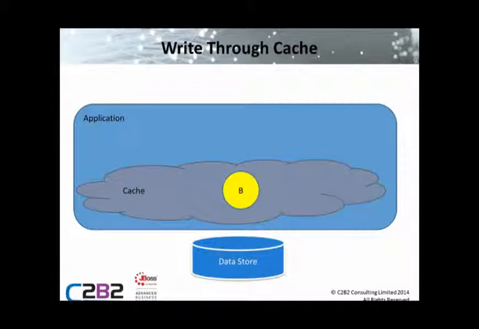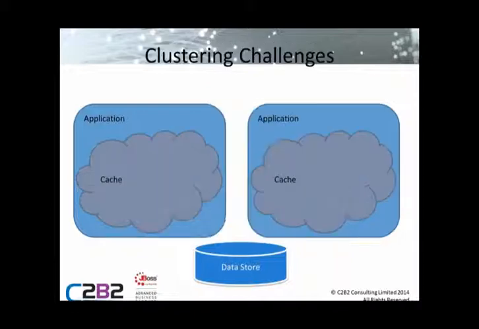JBoss Data Grid supports both JPA and Hibernate to write data through into a relational database, and it does that using something called a cache writer or cache store. The next time you get that data, it will be fast because it's in the cache and we don't have to hit the data store again.